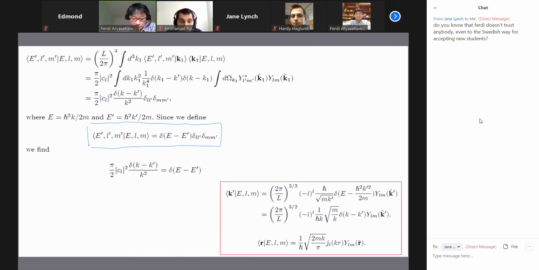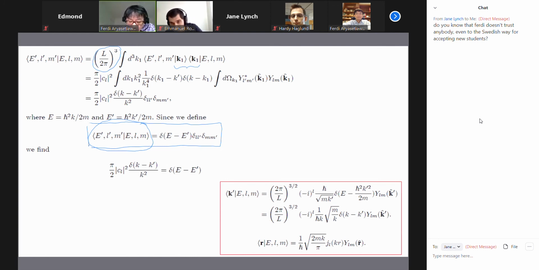So we then calculate this overlap between our two states, E prime, L prime, M prime, and E, L, M. So again, we insert a complete set of states, angular momentum states here. Don't forget the density of states. So that's the density of states.